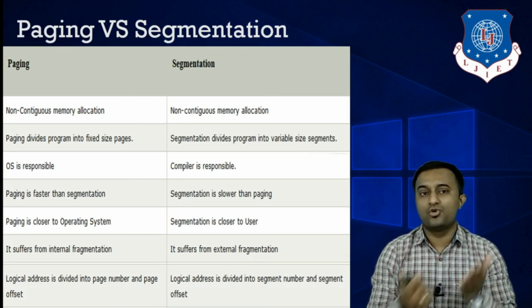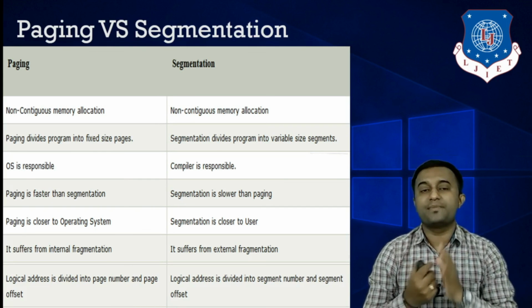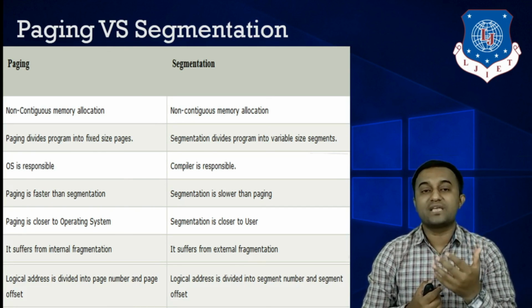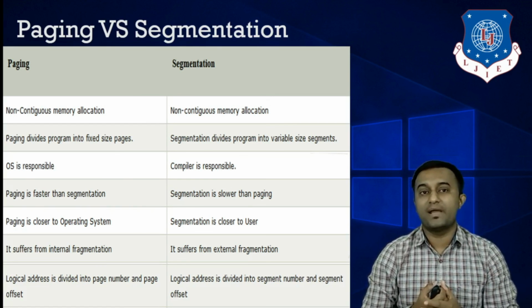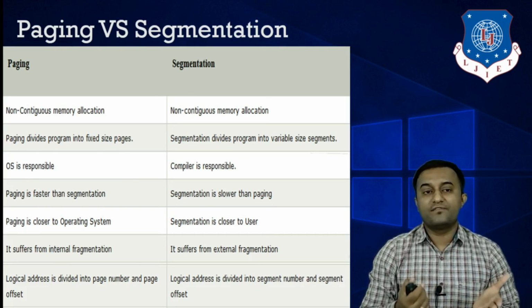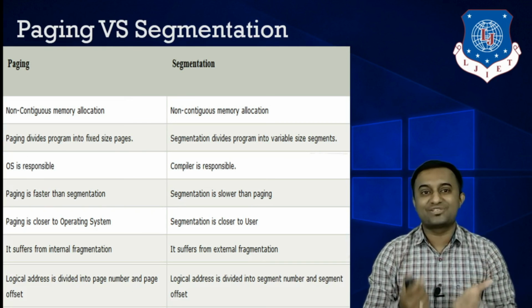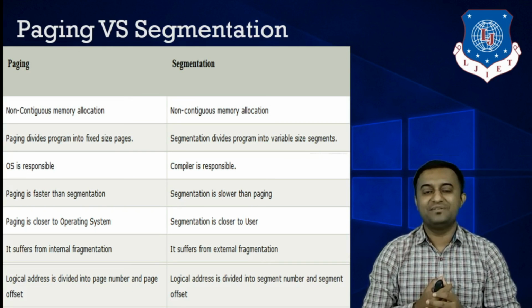As I told you earlier, paging is faster than segmentation, whereas segmentation is slower than paging because segmentation will be performed by the compiler itself. It means user intervention is required. In the same way, another difference is that paging is closer to the operating system, whereas segmentation is closer to the user.